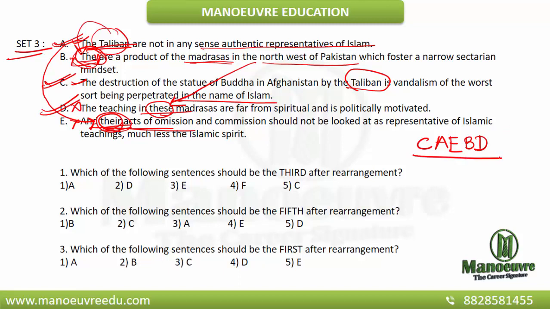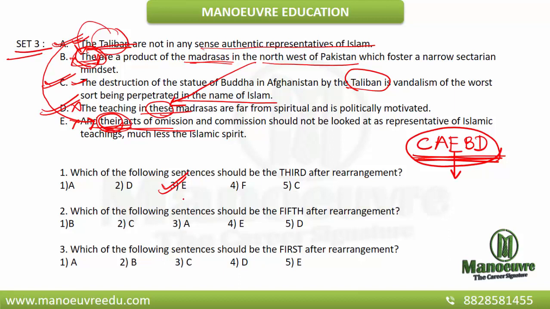Now that we have finished making the right sequence of our paragraph, let us see the right answers to these three questions. Question number 1 asks, which of the following sentences should be third after rearranging? This is the right set after we are done with rearranging, and statement E is going to be third after rearranging.